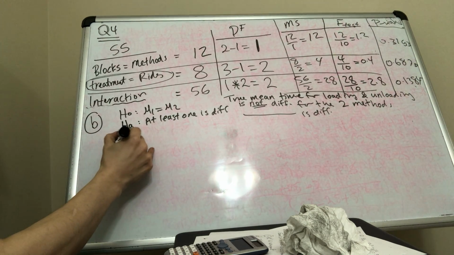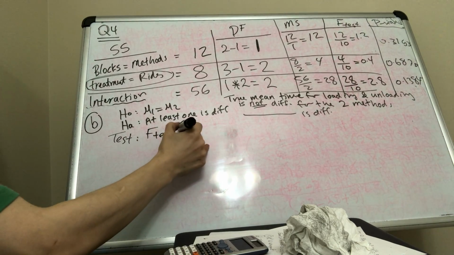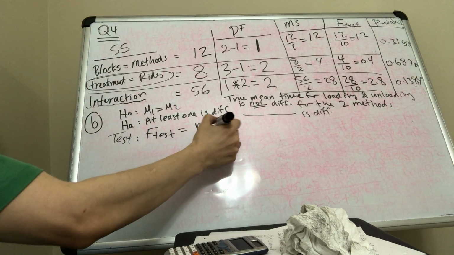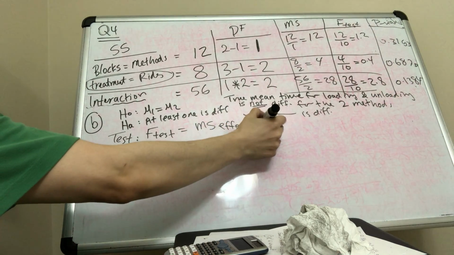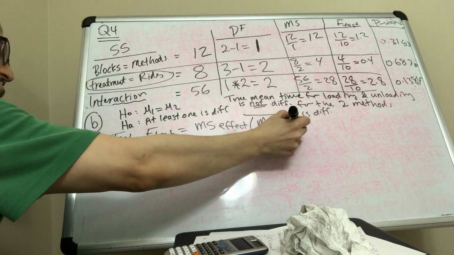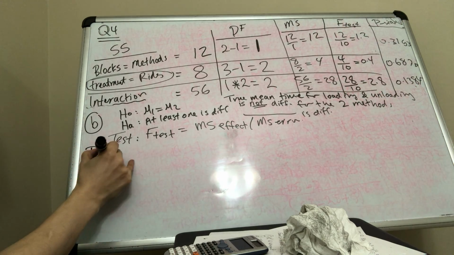So now, for the test, we have the F test, and it's always MS effect over MS error. Decision rule.